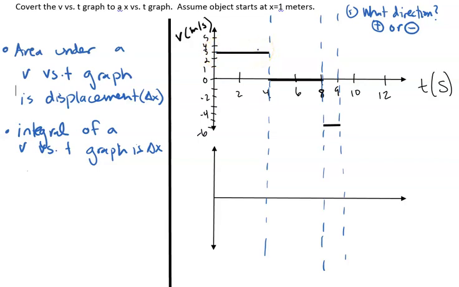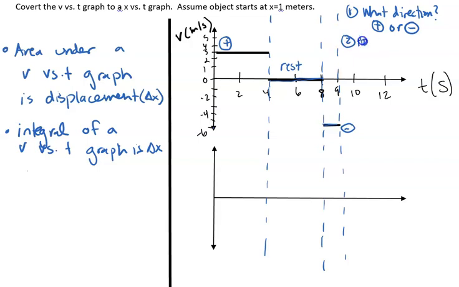So we know a positive velocity means something is moving in the positive direction. And then right here, we know it's at rest, so that's just 0 meters per second. Right here, it looks like a velocity of negative 6 meters per second, so that's moving in a negative direction.